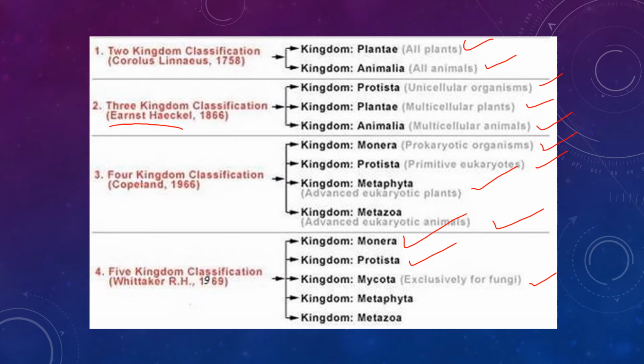Then came the kingdom Metaphyta, and then the kingdom Metazoa. These names were then modified. The kingdom Metaphyta was modified into kingdom Plantae, and the kingdom Metazoa was modified into kingdom Animalia.